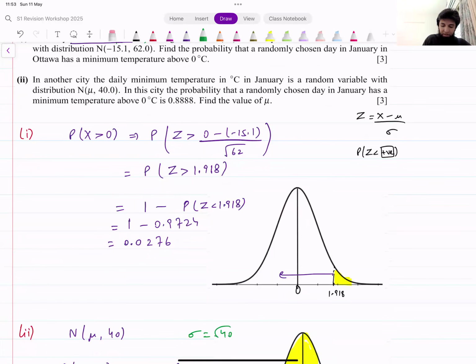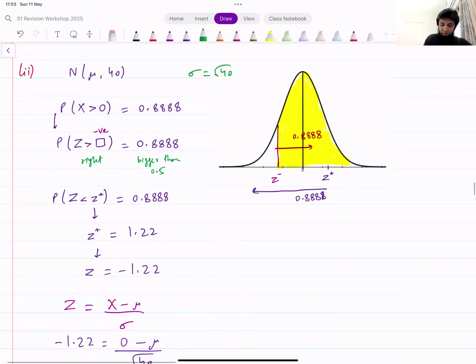We are given that the probability of the temperature being above 0 is 0.888 in this case. Find the value of mean. How do we think about this? We say probability of X greater than 0 is this. Convert that to Z. Z greater than some value is 0.888. Figure out whether Z is negative or positive. We know that area to the right here is supposed to be bigger.